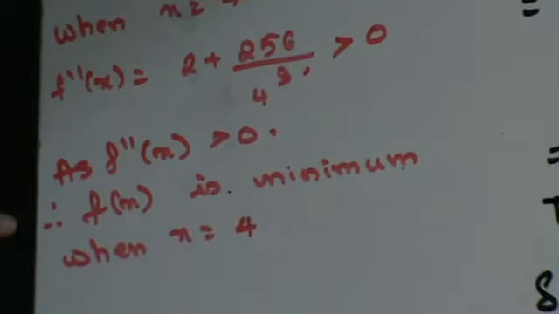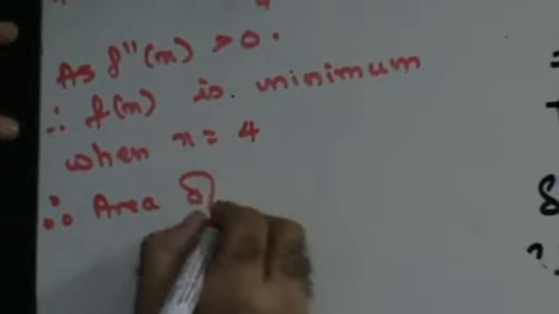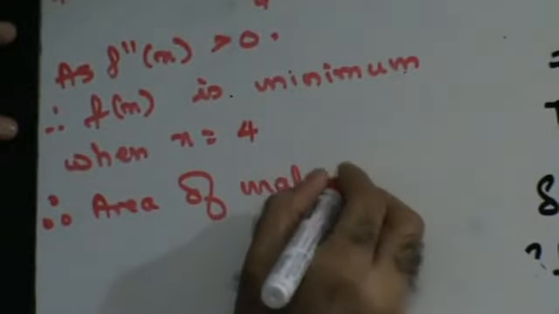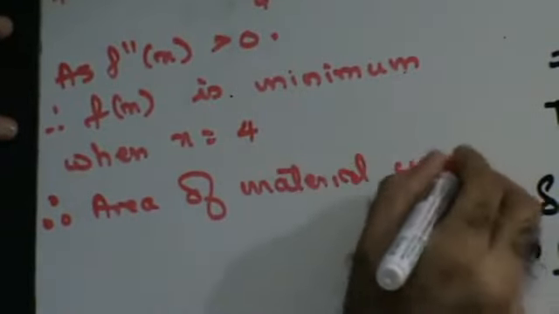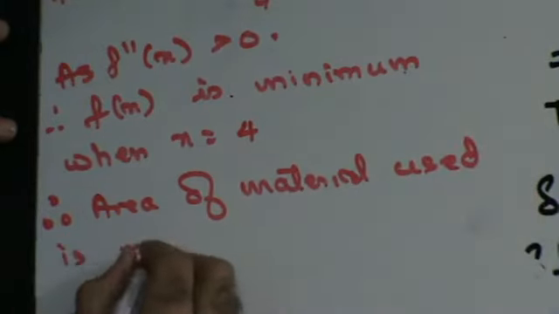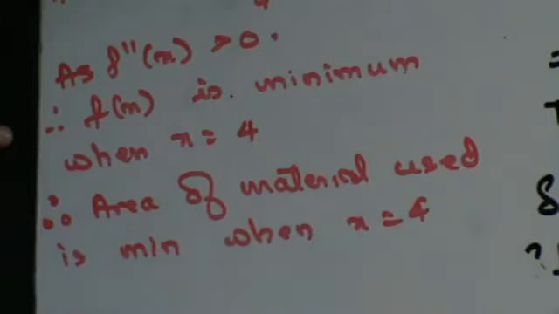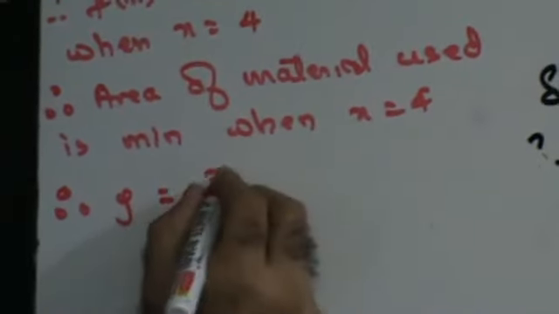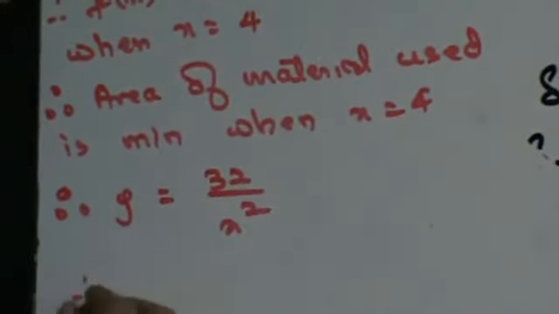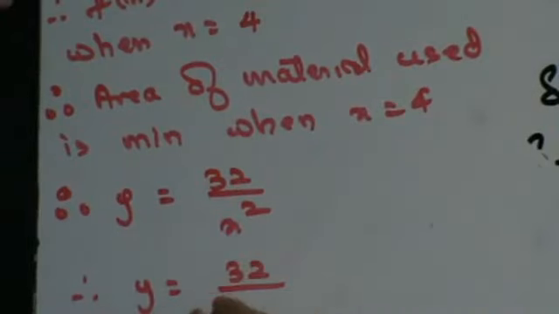But what is f of x? You had assumed it to be the area of the material used. Therefore, area of material used is minimum when x is 4. Now if x is 4, then y is given by the formula 32 upon x square. Therefore y will be 32 upon 4 square, that is 32 upon 16, which is 2.